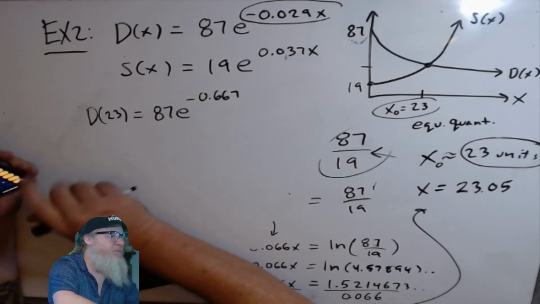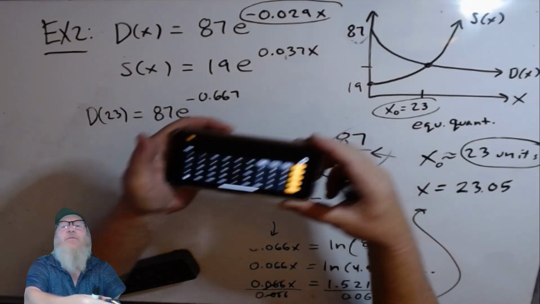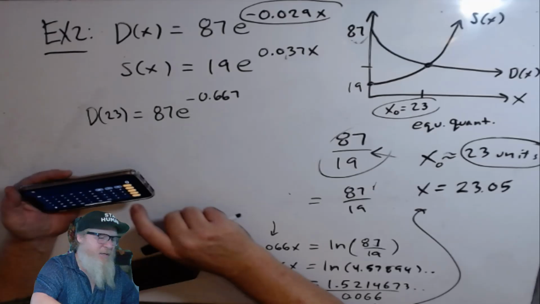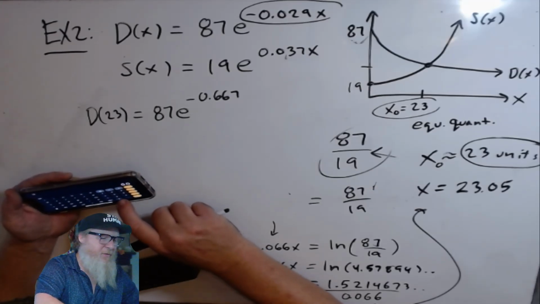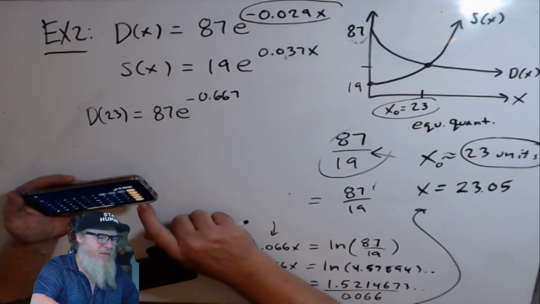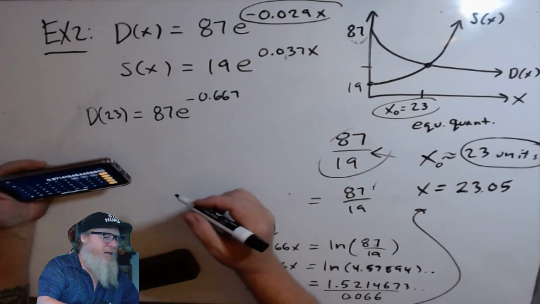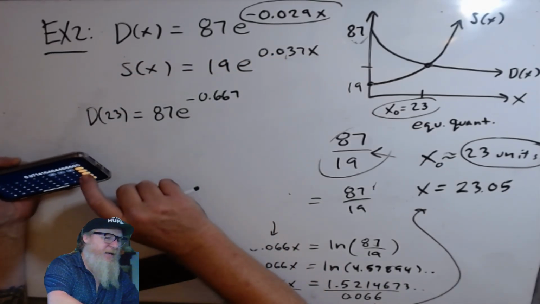I don't like this new format. Oh, good, I can go back to the old format. All right, here we go. So I got negative 0.029, and then I'm going to go E to that power. There we go. I like my old way better. And then times 87.